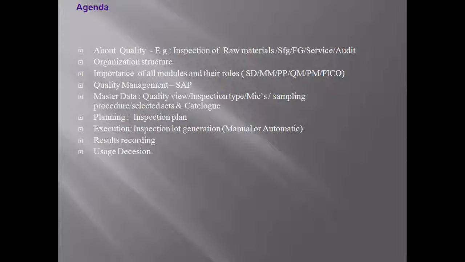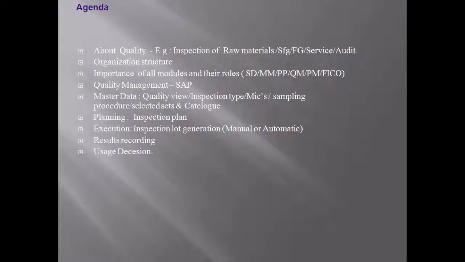Now execution. So an inspection lot is generated, either manually or automatically. So what is manual, what is automatic? Automatic means when you purchase, when a person is doing MIGO, a lot gets generated. When a PP person is releasing the production order, a lot gets generated.